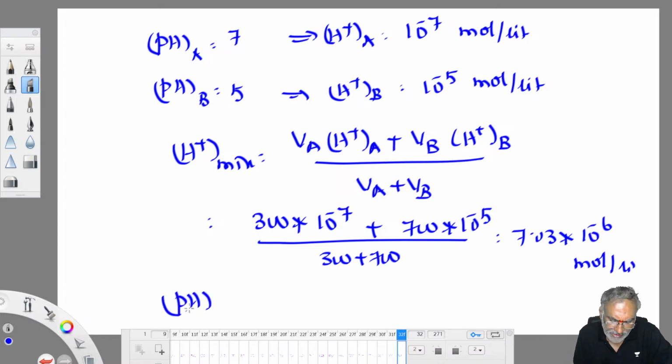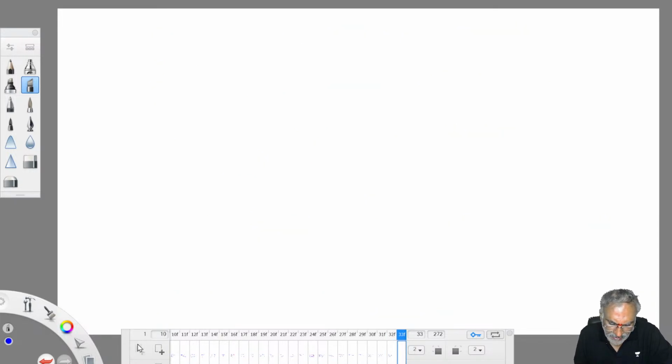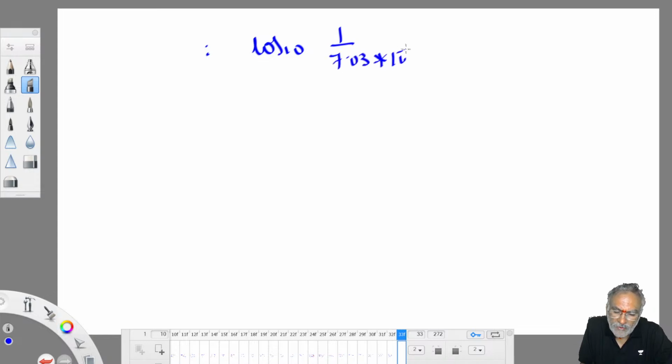Therefore, pH of the mix, the pH of the mixed solution after mixing, is log 10 of 1 by H plus of mix. That is log 10 of 1 by 7.03 into 10 power minus 6.